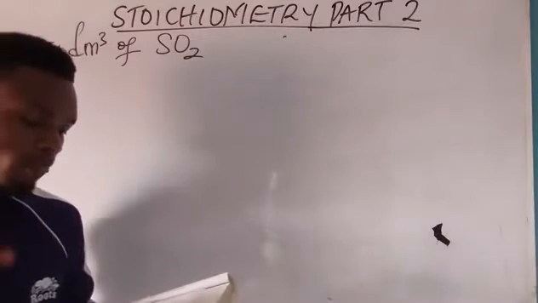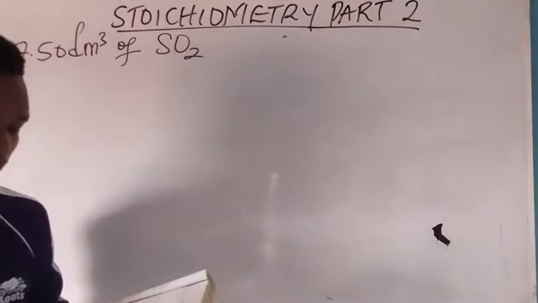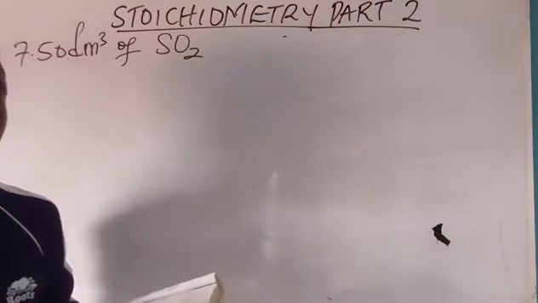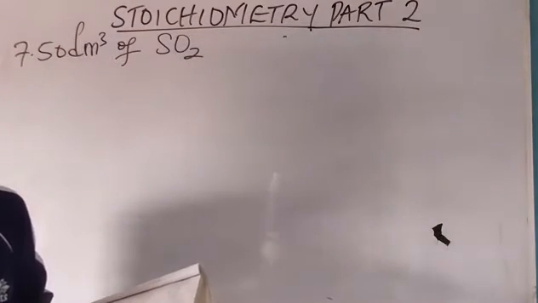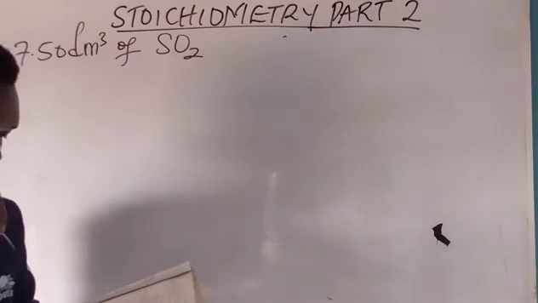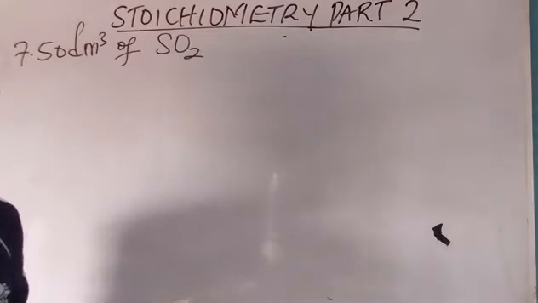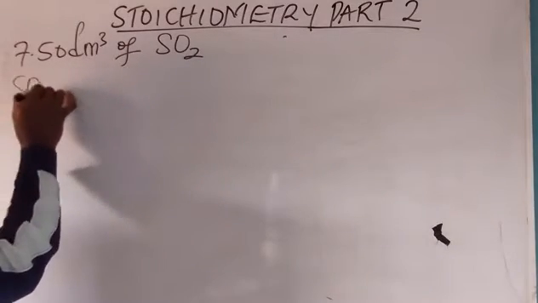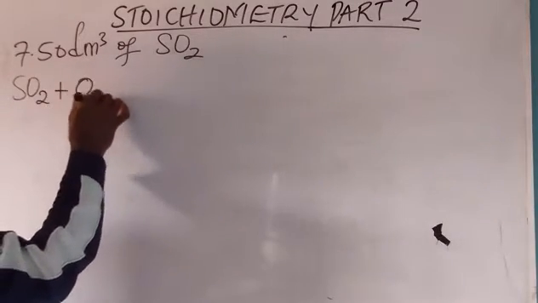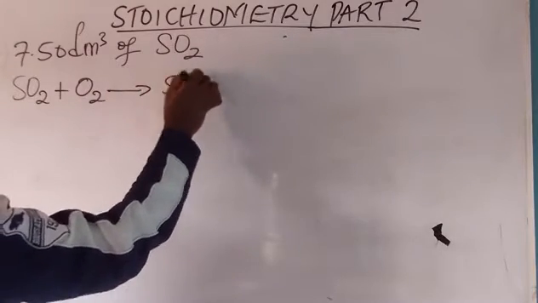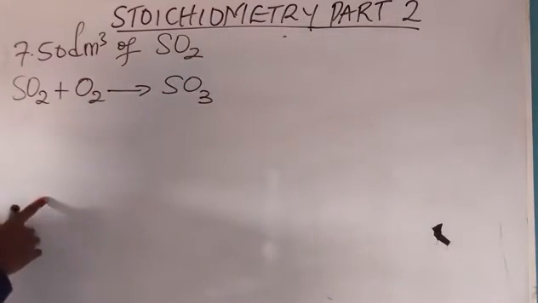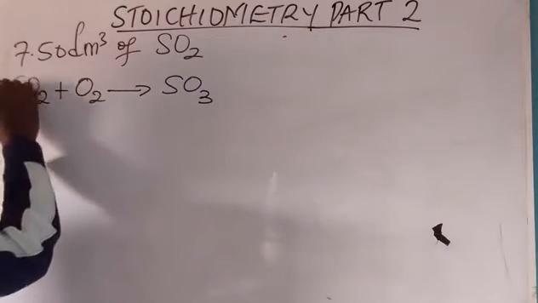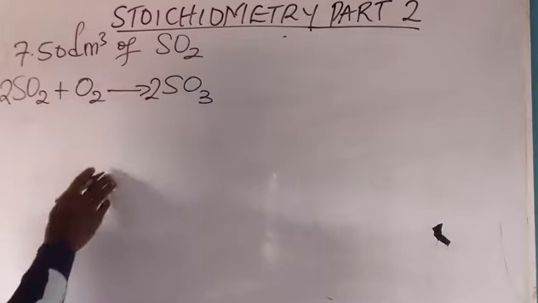Calculate the number of oxygen molecules required to convert 7.50 dm cube of SO2 measured at STP, standard temperature and pressure. SO2 reacts with oxygen to produce sulfur VI oxide. I put 2 at the back of this place, and put 2 here.